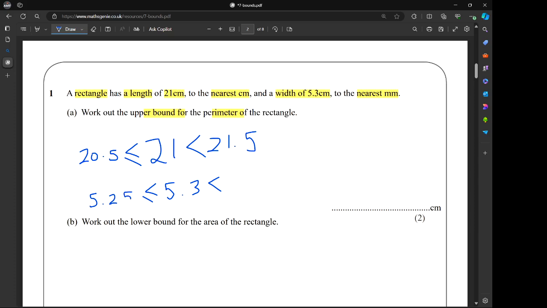Now on the left here, this is what I call my lower bound, and on the right, my upper bound.